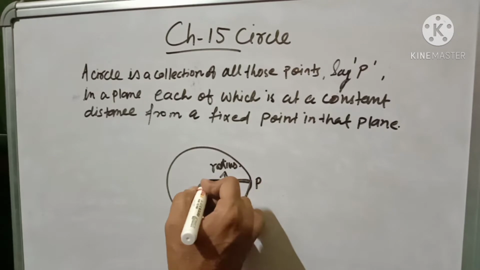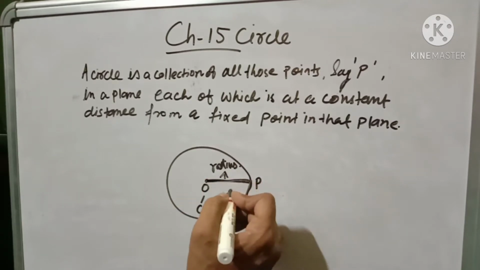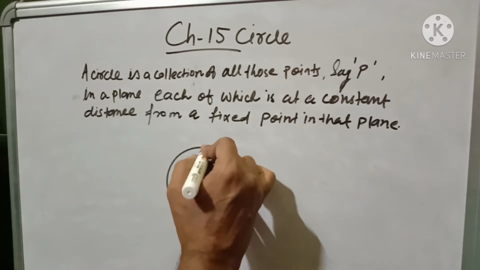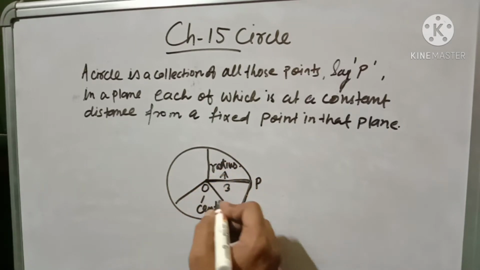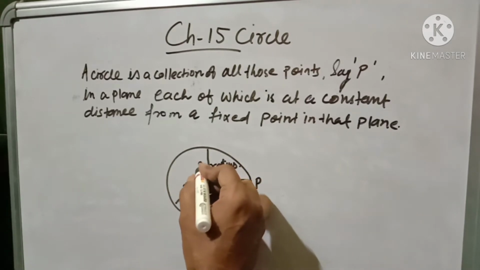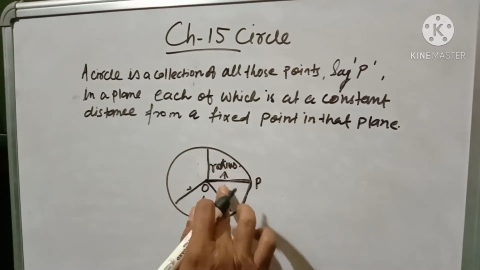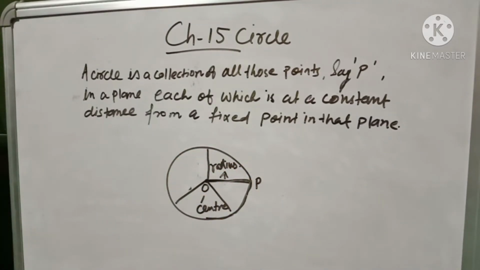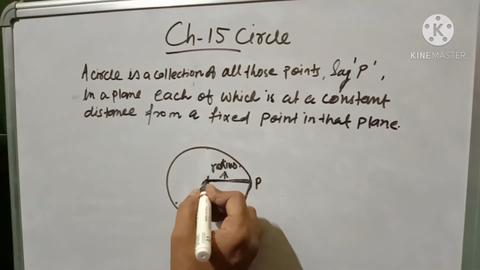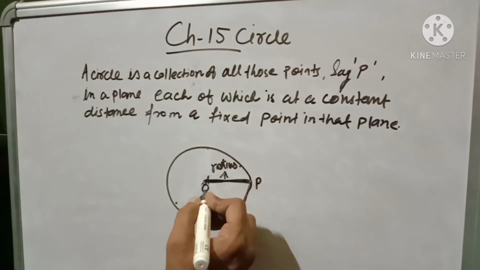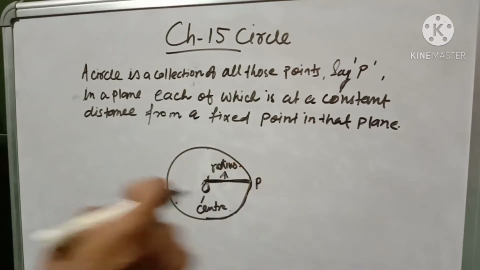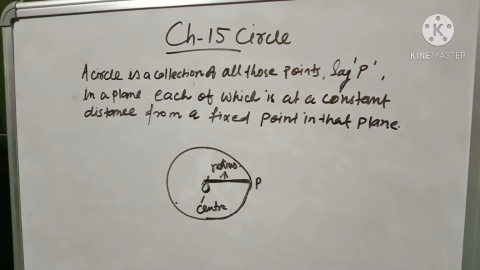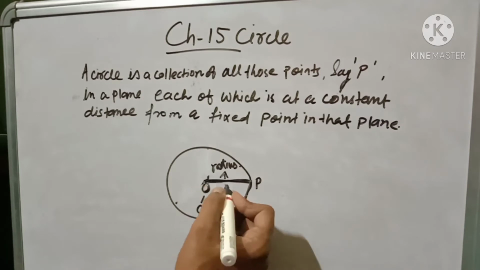Suppose if you draw from the center to here it is 3 cm, then this side also 3 cm, this side also 3 cm, their distance will remain the same. The center of the circle always lies inside the circle.